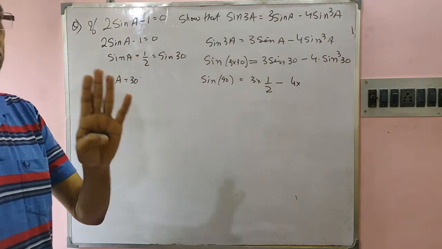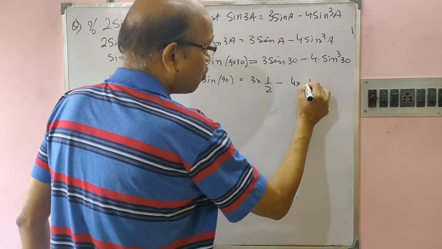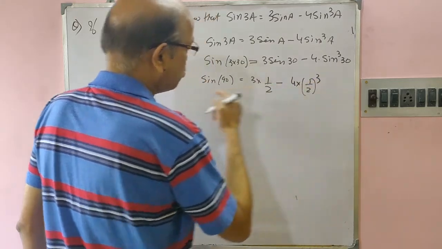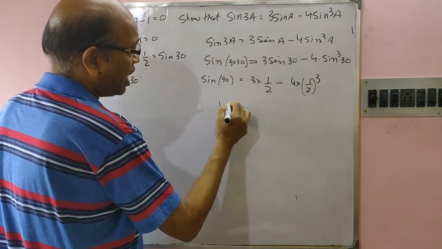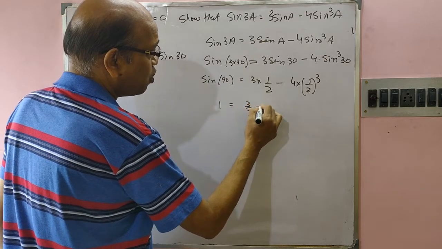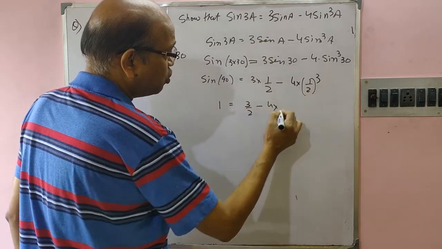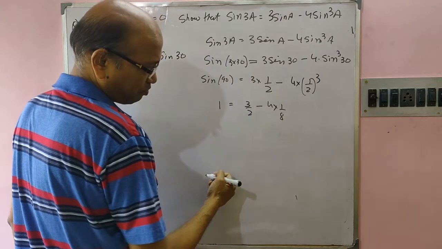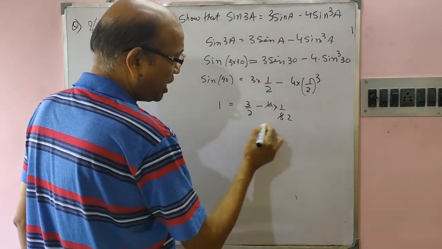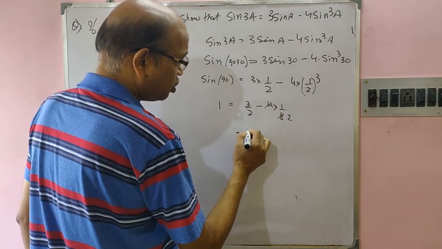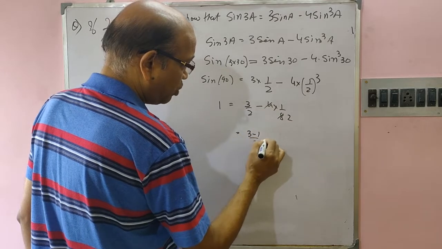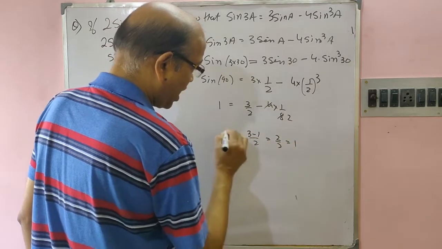Sine 30 is 1 by 2, 1 by 2 whole cube. Now what is sine 90? 1. Here it is 3 by 2 minus 4 into 1 by 8. This becomes 1 by 2. So this becomes 3 minus 1 by 2, which is equal to 2 by 2, which is equal to 1.